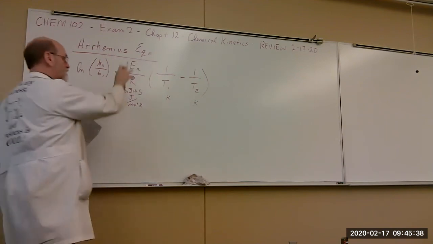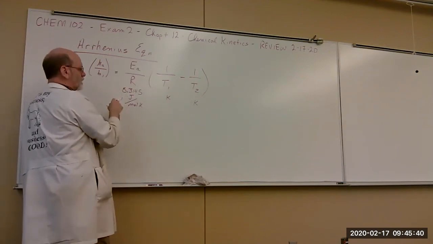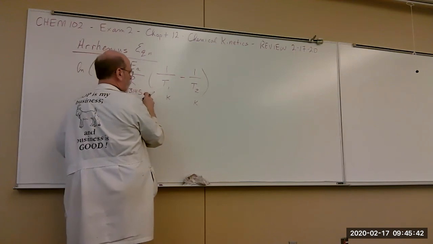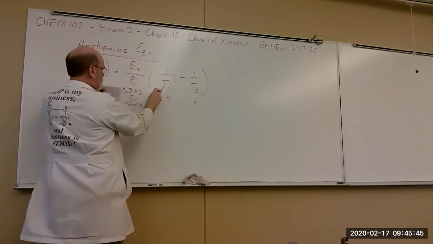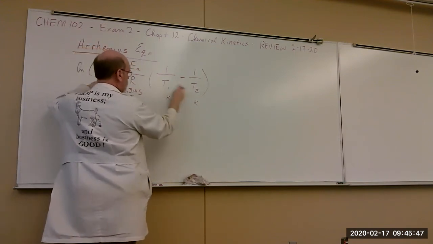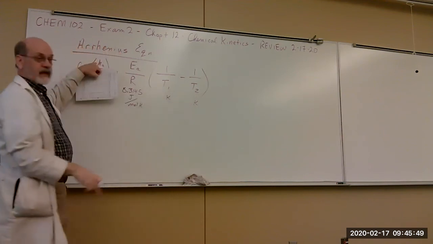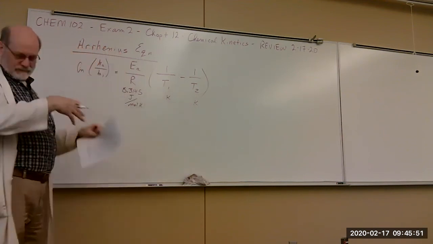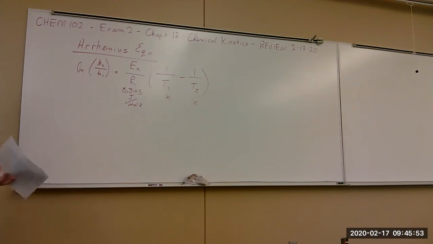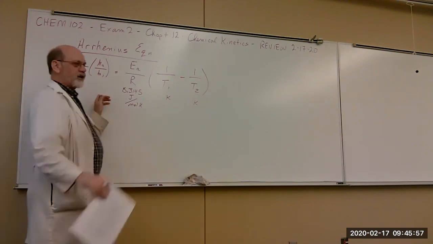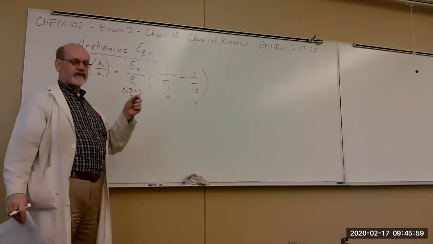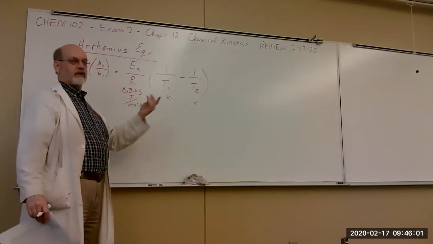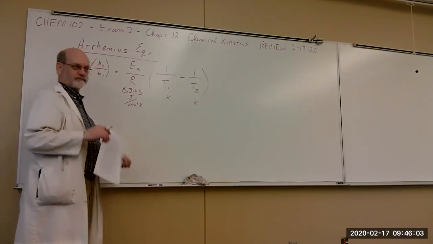But if you have the activation energy and you run the experiment at one temperature, and then at a second temperature, and you want to know what the K is, it's like any algebraic expression. If all of your variables have numbers attached to them except for one, then you can solve for it.